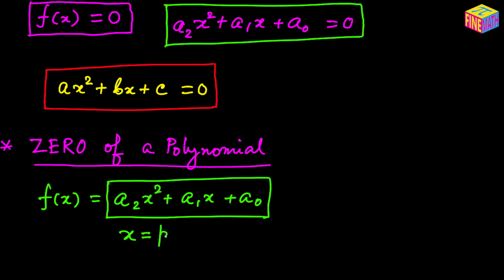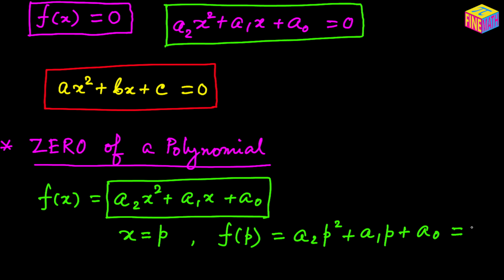Suppose we have a certain value of x for which the value of this function, which is f of p, which is a sub 2 p squared, now in place of x I'm writing p, plus a sub 1 times p plus a sub 0, becomes equal to 0. Then this particular number, the real number p, is called a 0 of this polynomial.